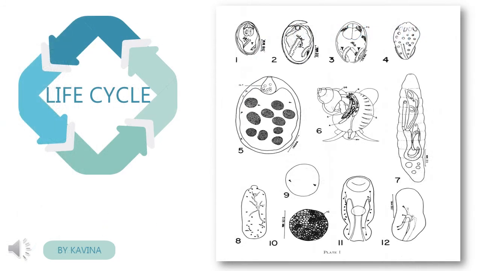Life cycle of Azygia. Figure 1. Embryonated egg is shed from the uterus of adults. Figure 2. Embryonated egg of Azygia acuminata, no operculum. Figure 3. Miracidium is seen within the egg capsule, outer margin of the egg capsule omitted.